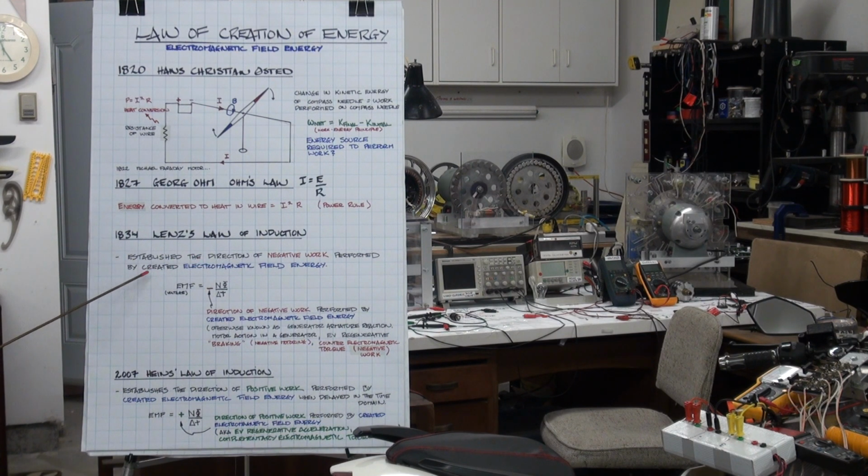The minus sign in front of Faraday's law of induction indicates the direction of the negative work performed by the created electromagnetic field energy around a current-bearing wire, otherwise known as generator armature reaction, motor action in a generator, and EV regenerative braking.